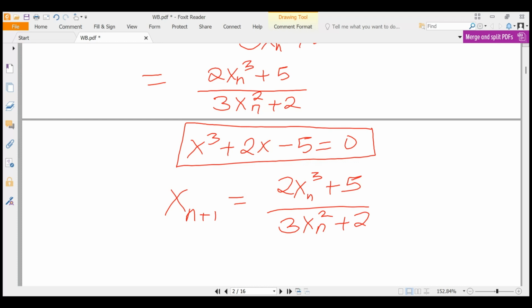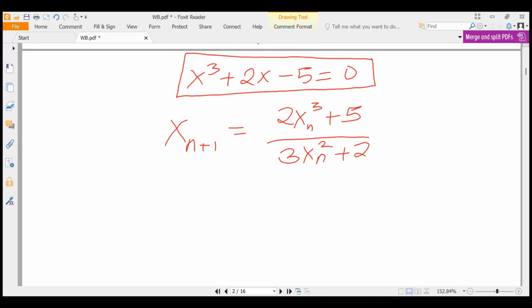Now we'll take the first approximation as x naught equals 1.5.